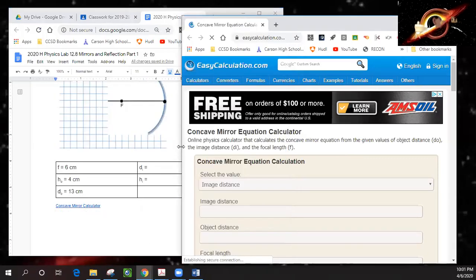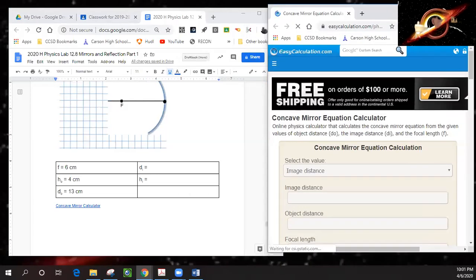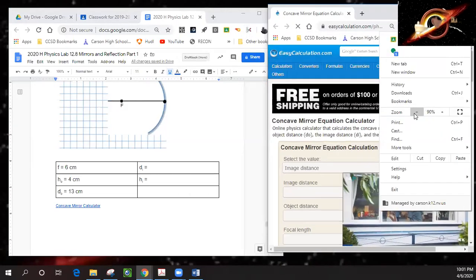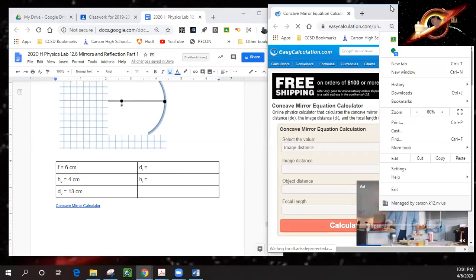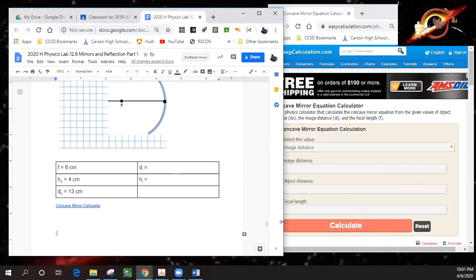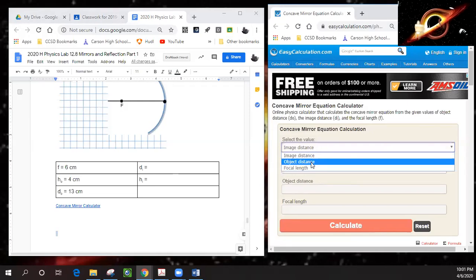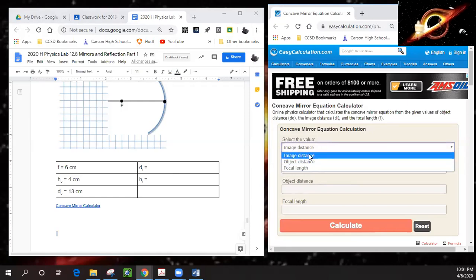Let me go here a little bit, like so, and let us do about 80%. Okay, and we have an add here, which we don't want to do. So we want to find out what DI is. Here you can select object distance, focal length, or image distance. We want to find the image distance.